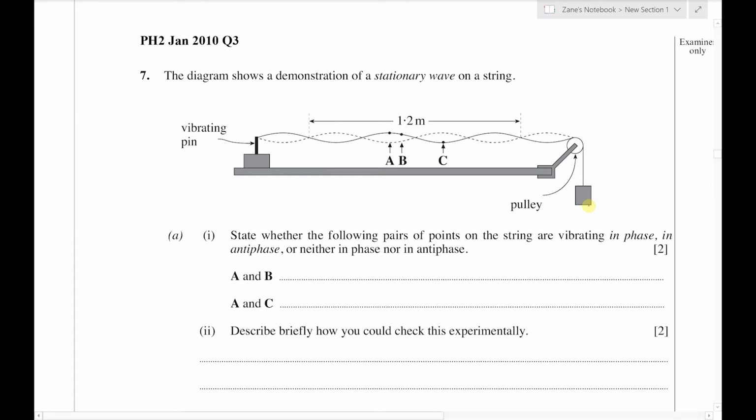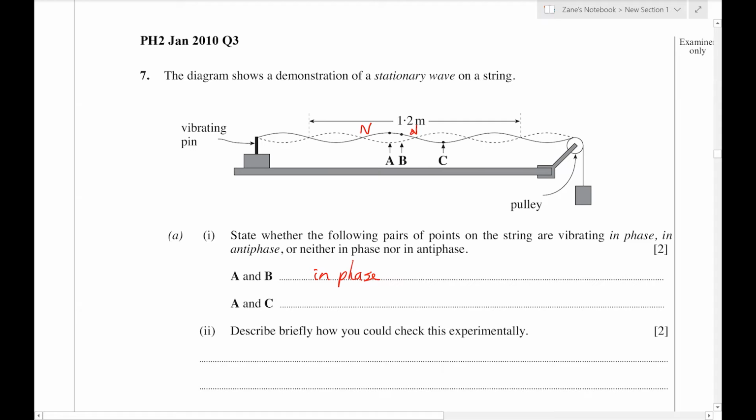State whether the following pairs of points on the string are vibrating in phase, in antiphase, or neither in phase nor in antiphase. So look at it at A and B. Now this is very simple if you just remember that for a standing wave, in between nodes, being points of no displacement like here and here, every point is oscillating in phase, so the particles A and B are in phase.